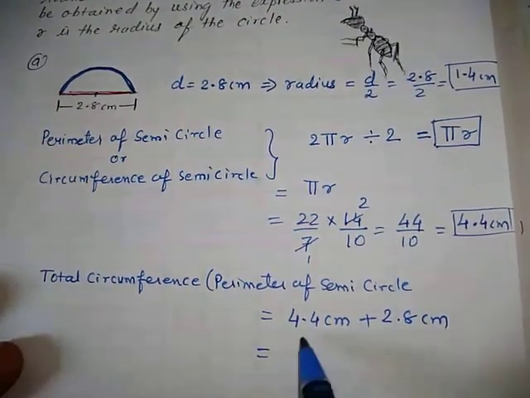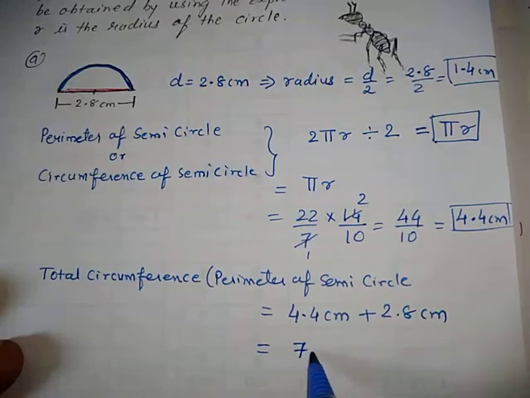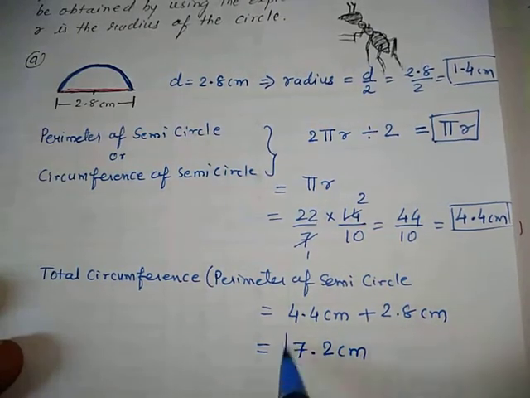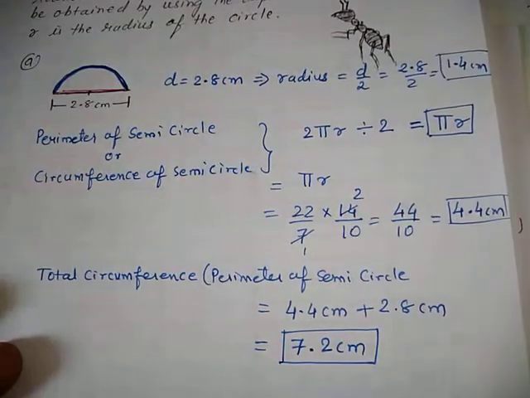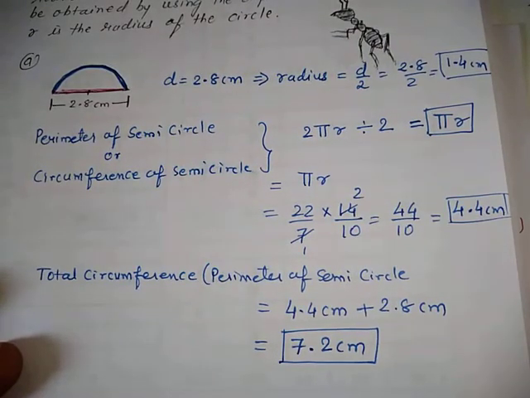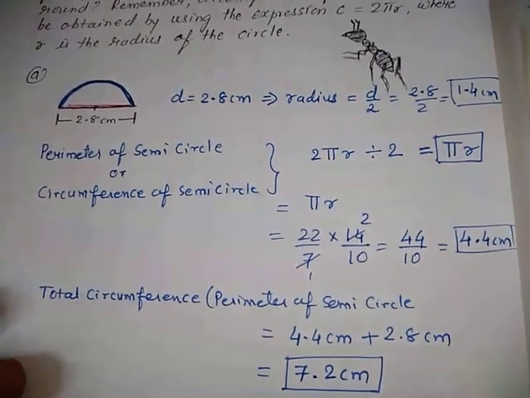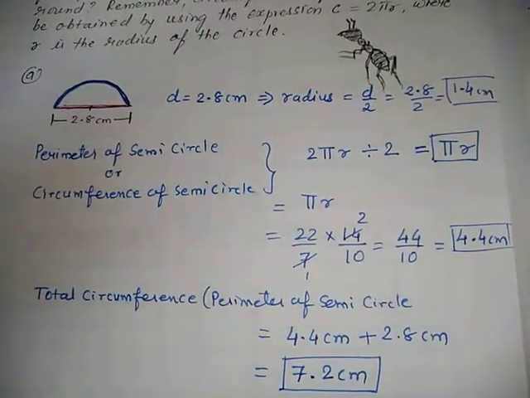So all together if I add, I am going to get 7.2 centimeter as the distance traveled by this ant. Clear?